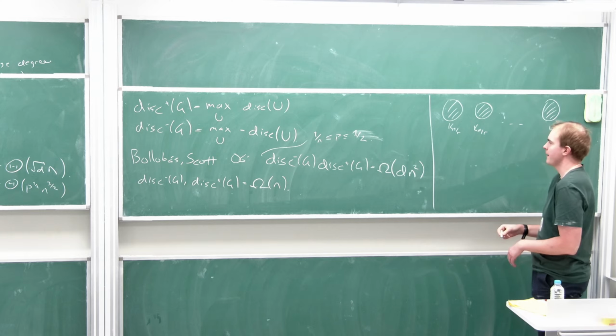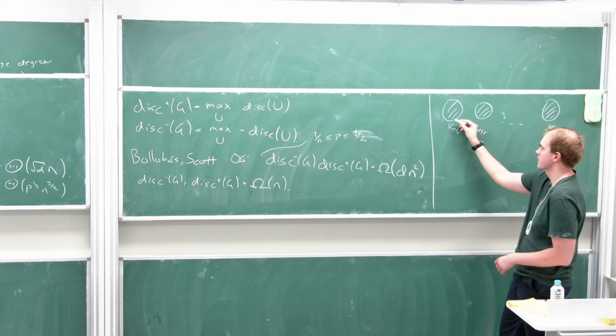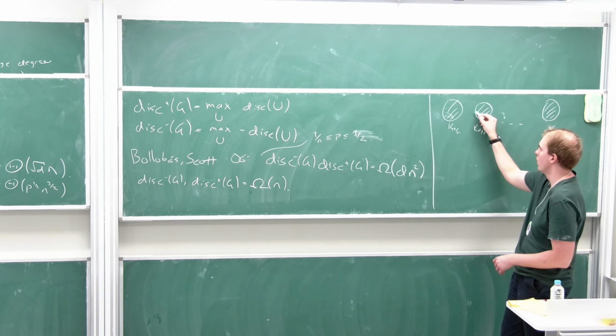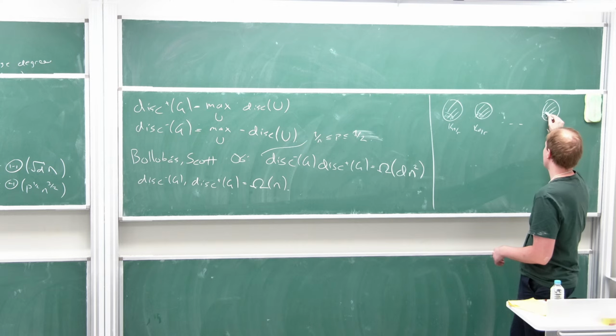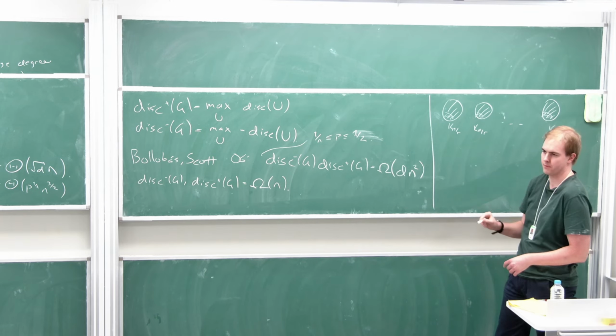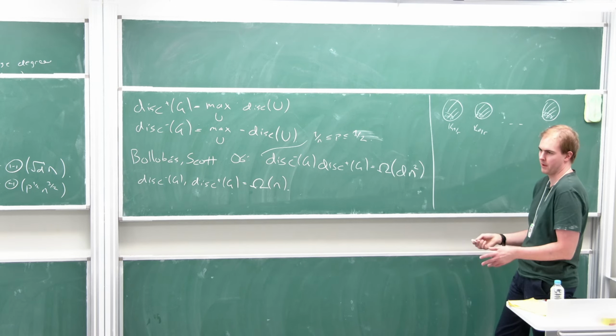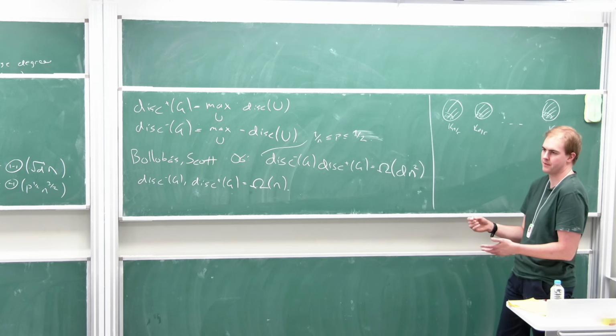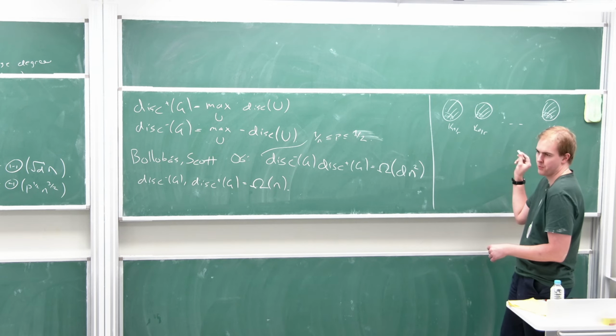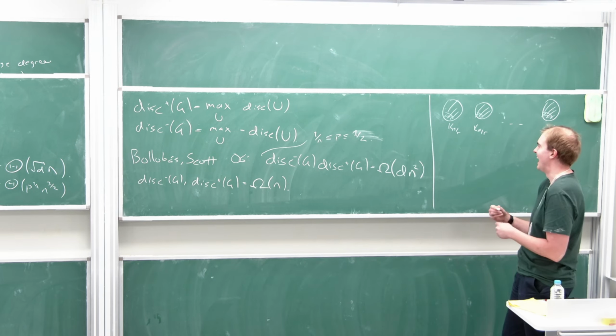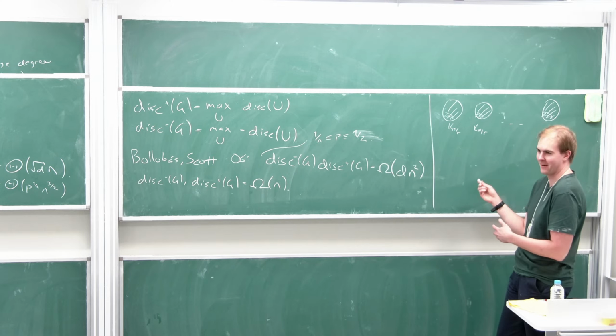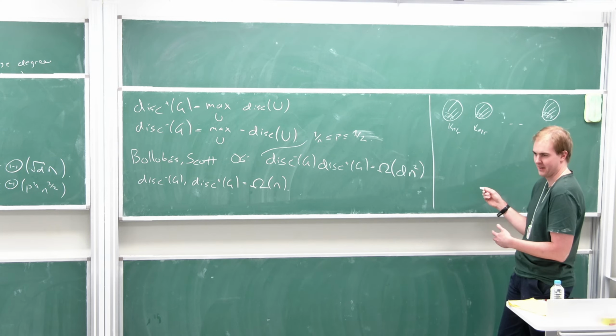If we have a set of a given size, we ought to choose an equal number of vertices from each of these blocks. Now do some optimization. It turns out to be best to choose 1/2 from each one. Do some annoying calculations, and you'll see that the negative discrepancy is going to be linear.